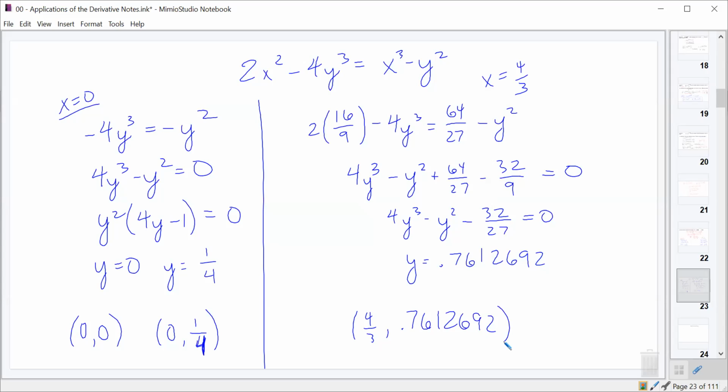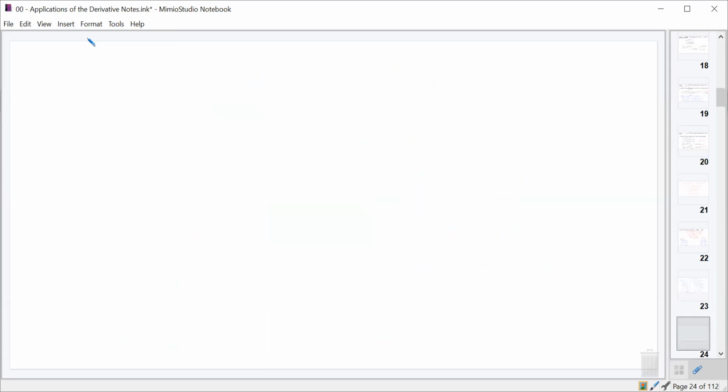Now we're going to have to go in and figure out where we might have vertical tangent lines. So take a new page here, 2x squared minus 4y cubed again equals x cubed minus y squared. And our 2 options were y equals 0 and y equals 1/6. So now we'll take a look at both of those.